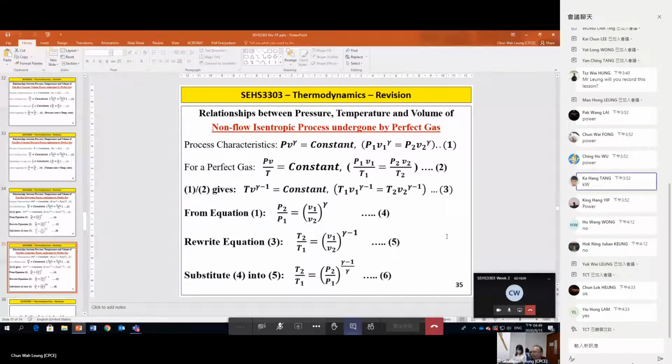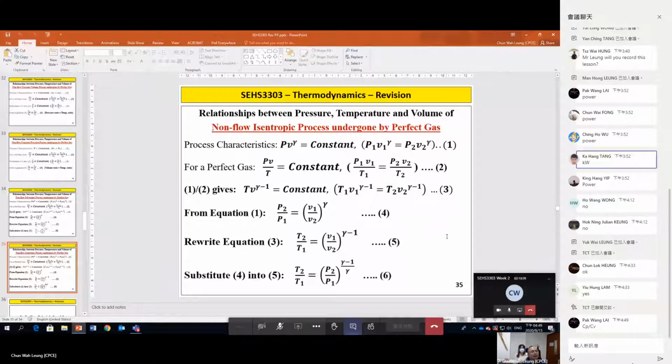What is gamma? It's the ratio between Cp over Cv.